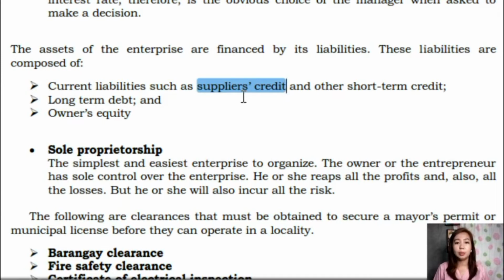So, hindi niyo babayaran siya kaagad. So, supplier's credit. It could be a specific time, let's say for example, after 20 days, after 30 days. Okay, ang magiging tawag naman dito ay accounts payable kasi kayo naman yung magbabayad dun sa inyong supplier. Okay, and other short-term credit could be from financial institutions or banks.